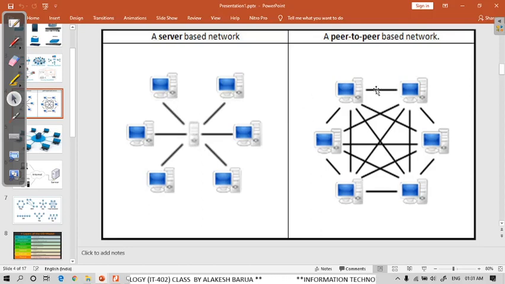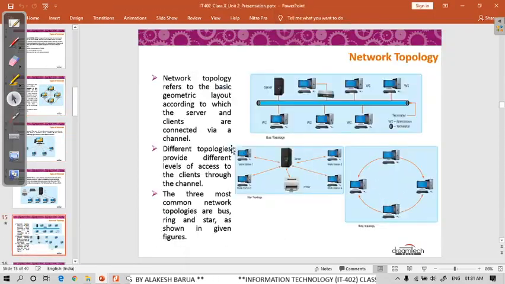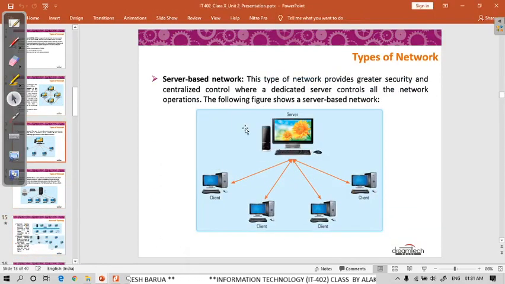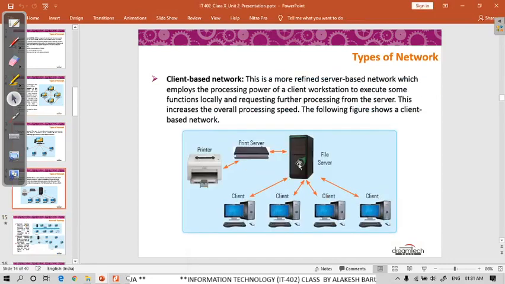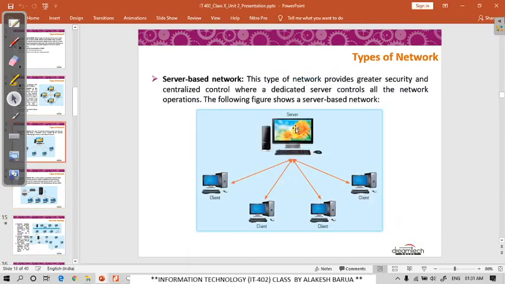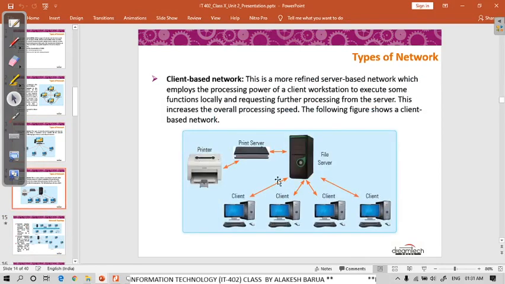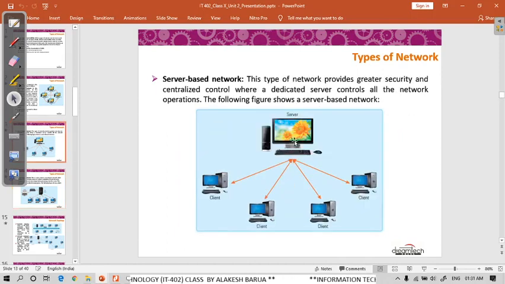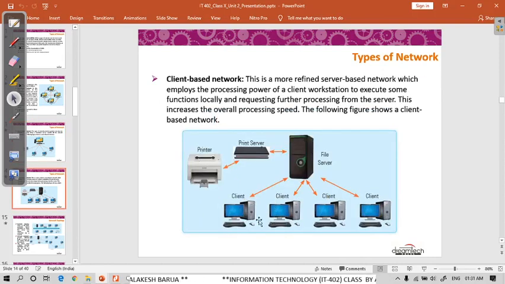Okay, so that is the difference between a server-based and a peer-to-peer based network. Now everyone knows the difference between a client-based and a server-based network. In a server-based network, there is one file server. Here, clients can access the server if required. Here, the clients must access the server. All the applications and tasks are executed in the server. Here, the applications and tasks are executed in individual clients.